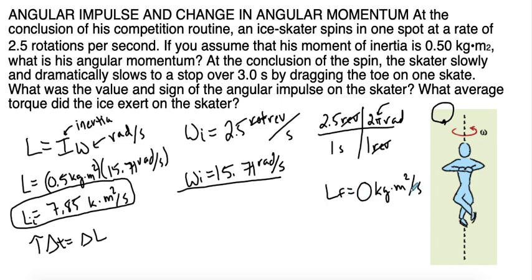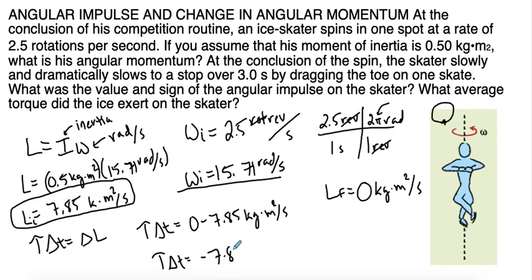We don't have to do a whole lot of work there. So if we're trying to find angular impulse, which is torque times change in time, that's going to be 0 minus 7.85 kilograms times meter squared per second. So it's just going to be negative 7.85 kilogram times meter squared per second.